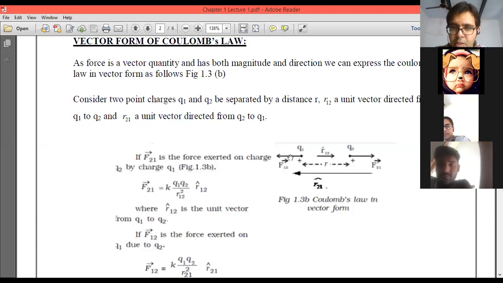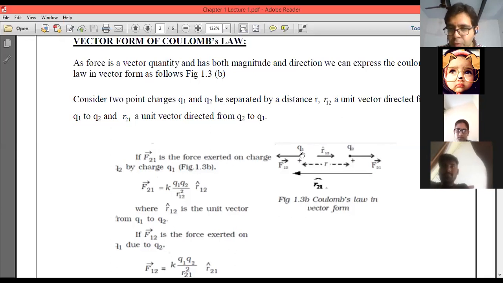All right. So F21 is what? K Q1 Q2 upon R12 square. Why so? Because this Q2 charge is repelled by charge Q1. So we have to move from Q1 to Q2. That's why we are using vector R12, because we are moving in this direction. The force on charge Q2 by Q1 will be in this direction, because Q1 wants that Q2 should be repelled from it.